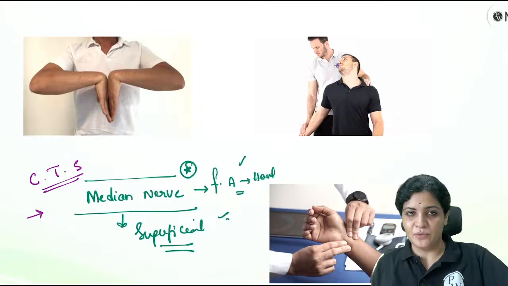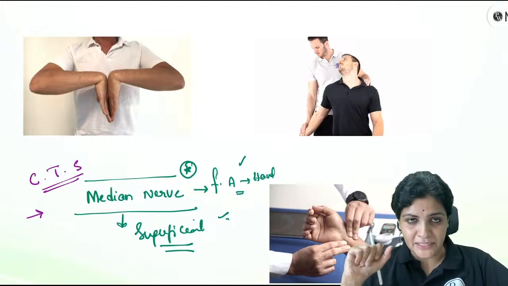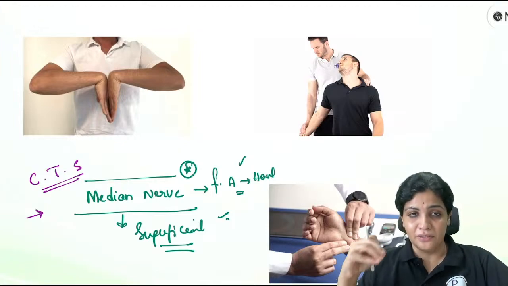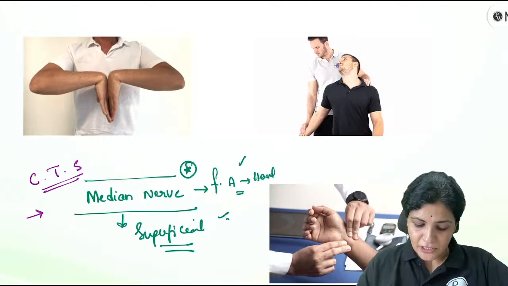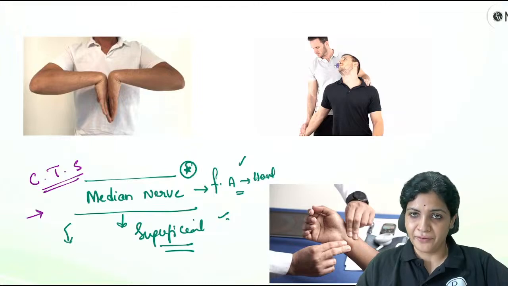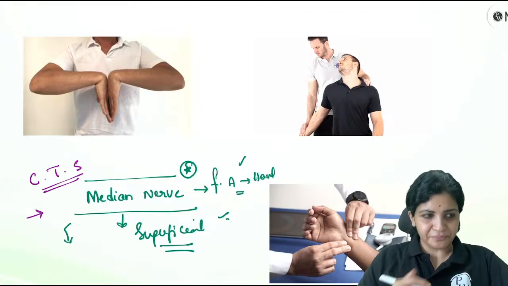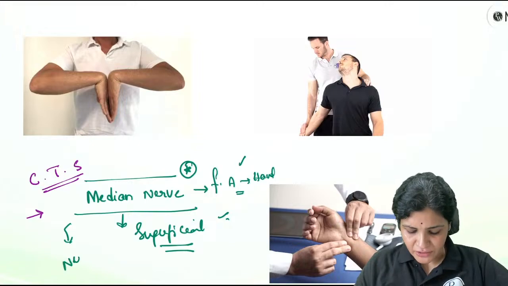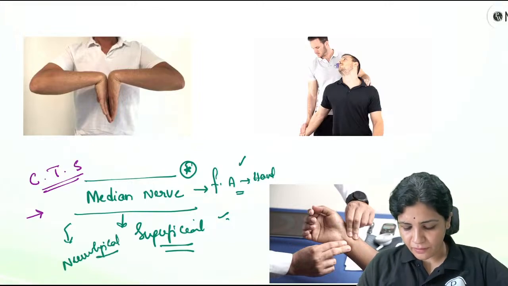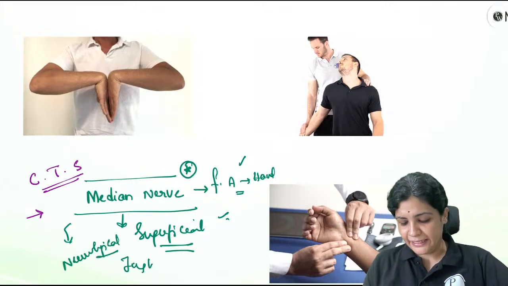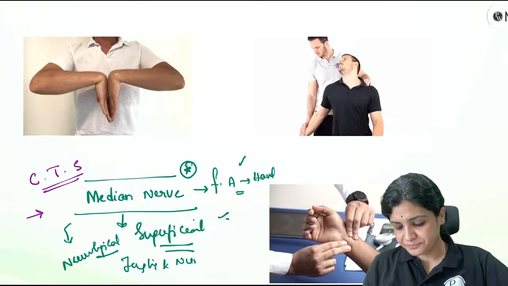Whenever there is some volume constraint in this carpal tunnel, there is pressure over the median nerve, and the patient will have neurological symptoms such as tingling and numbness.